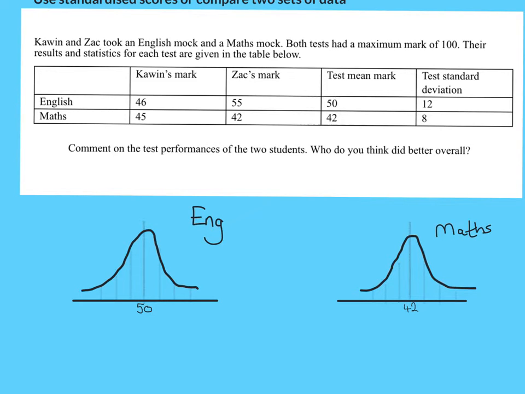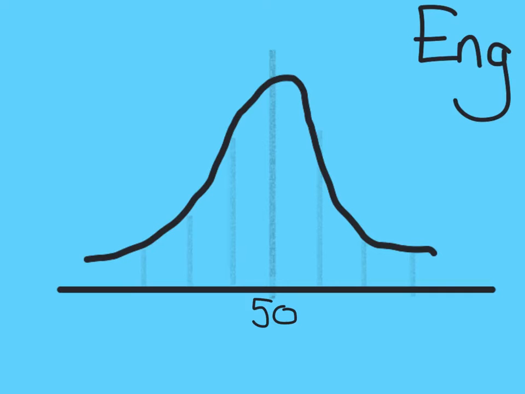So English, my deviation is 12, so let's have a look what that would look like. If I add 12 here, I'd get 62, 74 and 86, and in the other direction I'd have 38, 26 and 14. Okay, so if I look at my test results for Carwyn and Zach, Carwyn for English got 46, which is less than 50 and would be probably around here.